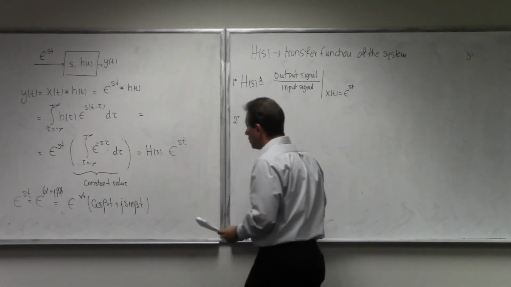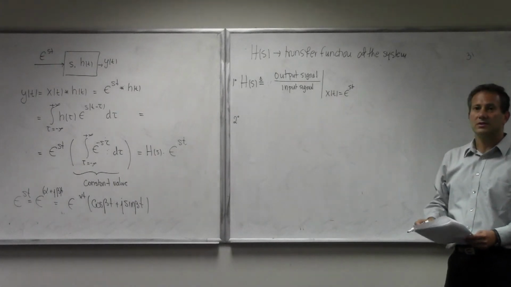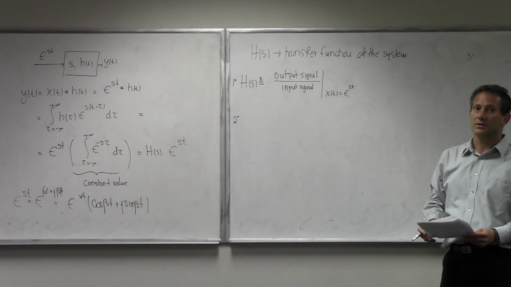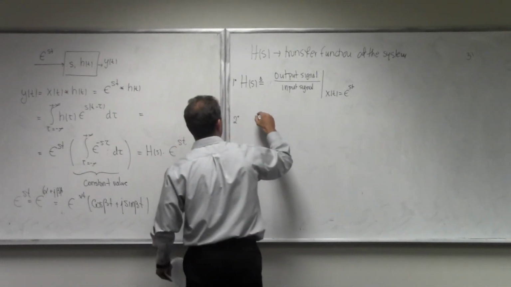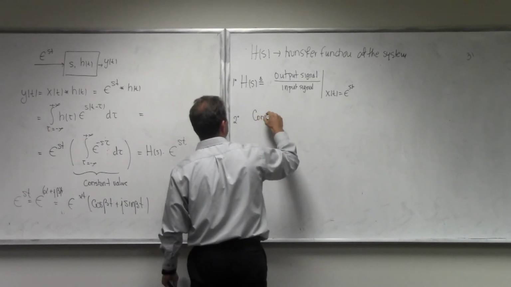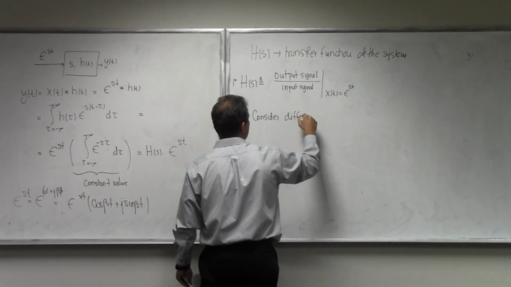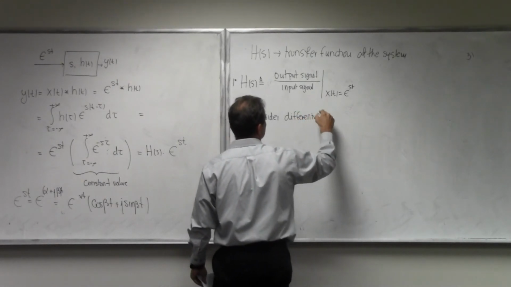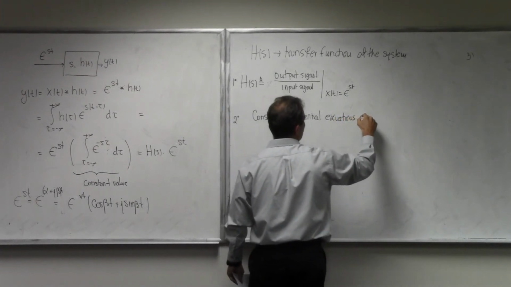Another way is if I know my differential equation, then I can get to that h of s directly from the differential equations. So let's see how we do that. Consider the differential equations of the system.